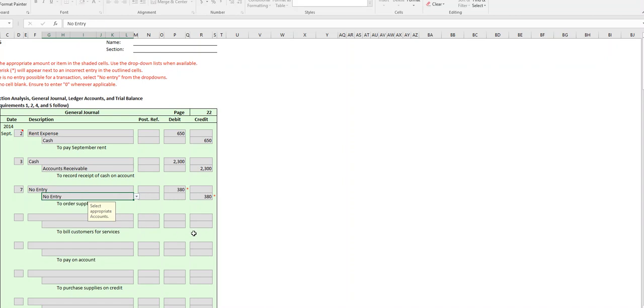We didn't purchase anything on account or anything like that. So if that's the case, then I will put 0 here and a 0 here. And notice my asterisks move away. So that was the correct response that I just put in there. You guys see that? All right.